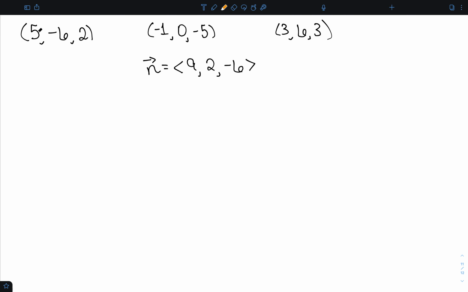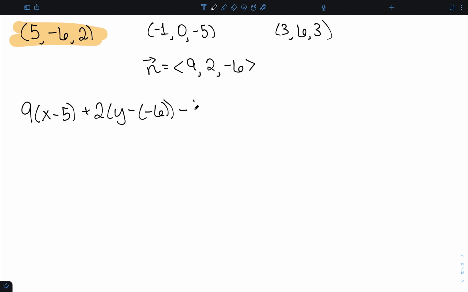Now that I have my normal vector, I'm going to use my first point. I have 9 times x minus the x coordinate plus 2 times y minus the y coordinate minus 6 times z minus the z coordinate equal to 0.